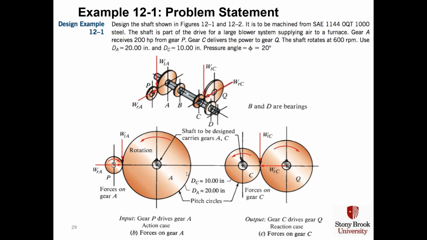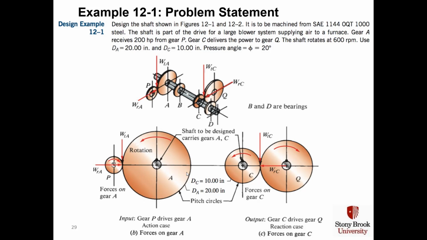In other words, the tangential force on gear A, which creates a force on the shaft, is directly caused, directionally, by the fact that pinion P is driving gear A. That's why, if you look at the rotation of pinion P, it's going clockwise.